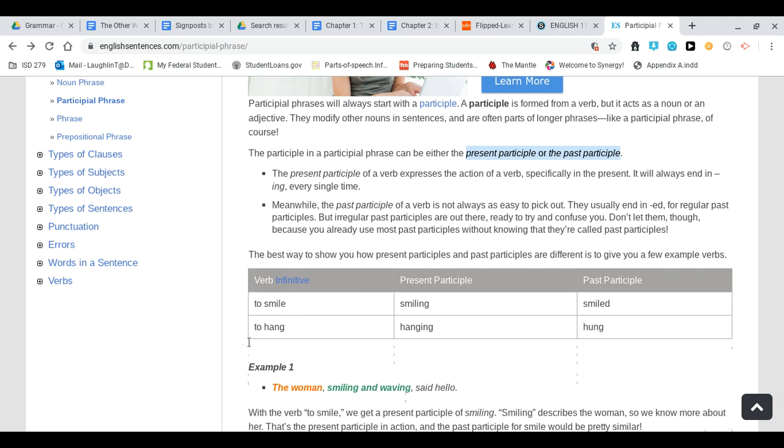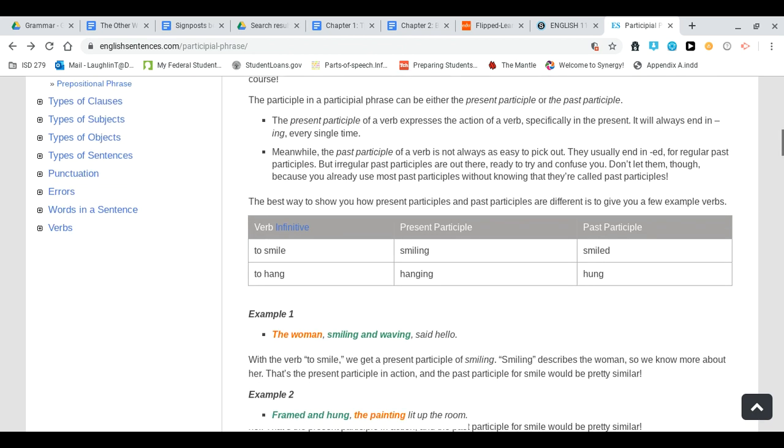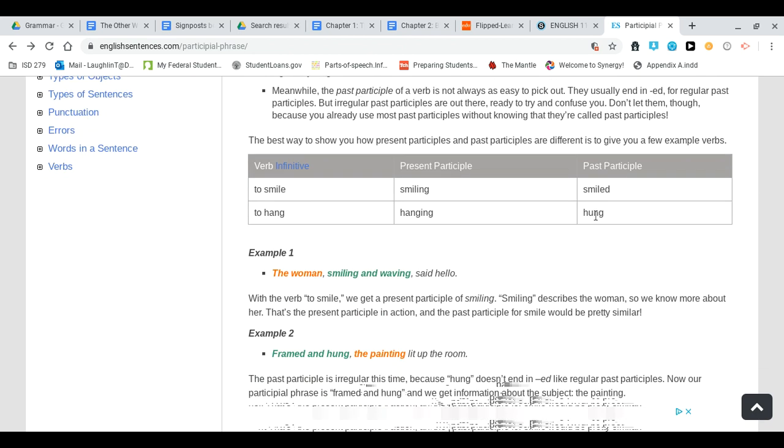So to smile or to hang. So the present participle is just smiling, and the past participle is smiled. Same with hanging, and then we get the funny word here, hung, where it's actually used correctly. It's very rarely used correctly, but here it is used correctly because hung is a past participle.